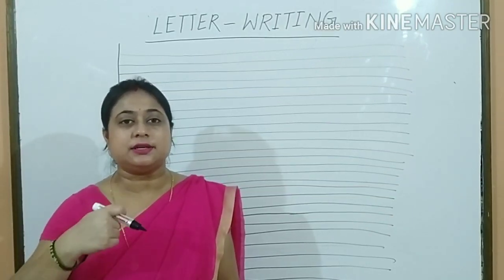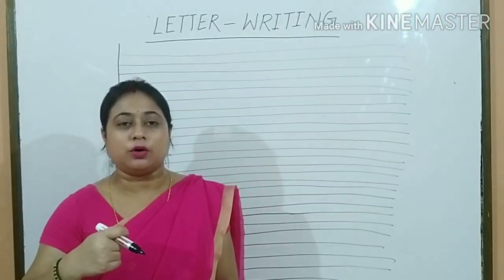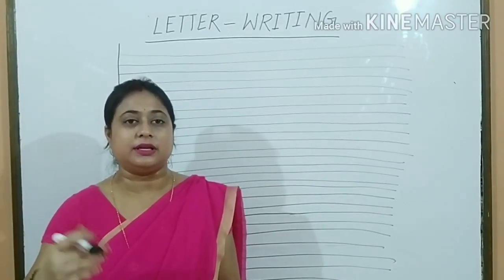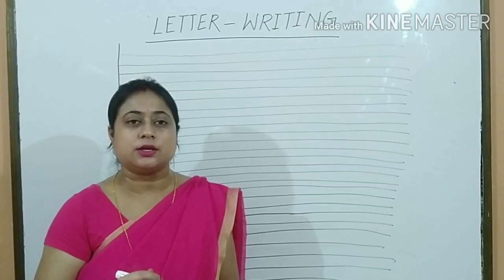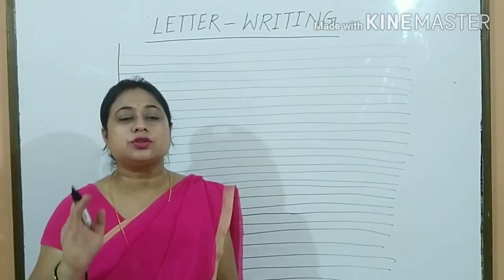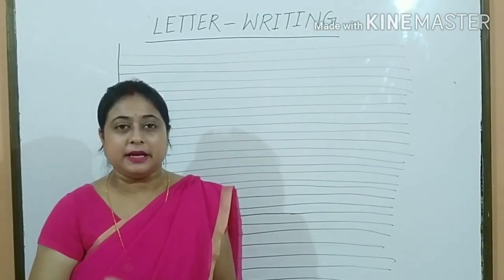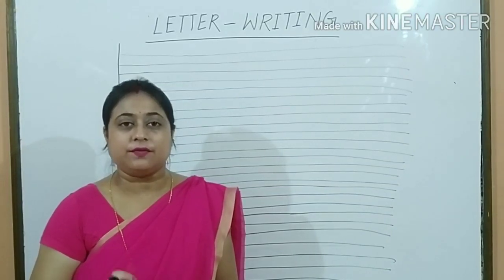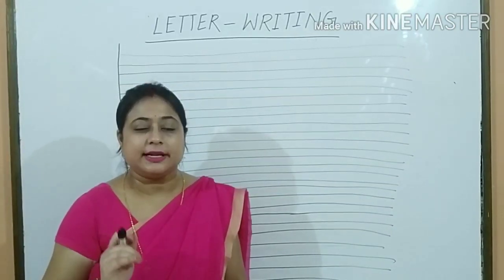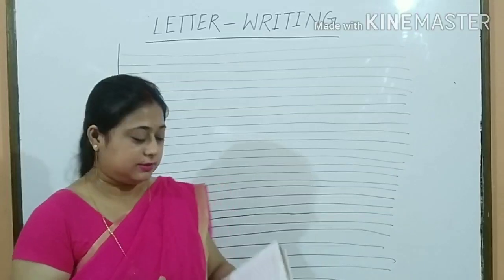You don't have to tear a page from your copy and write it anyhow and give it to your principal or teachers or to anyone. You should always prefer a plain sheet of A4 size. So let us look at the format.